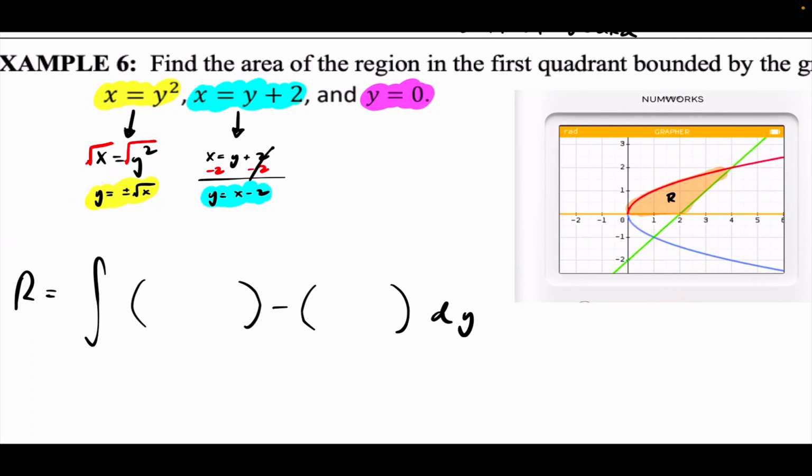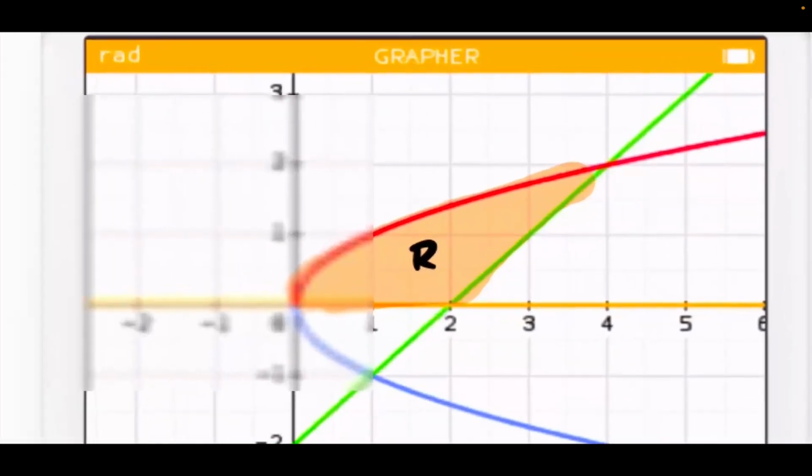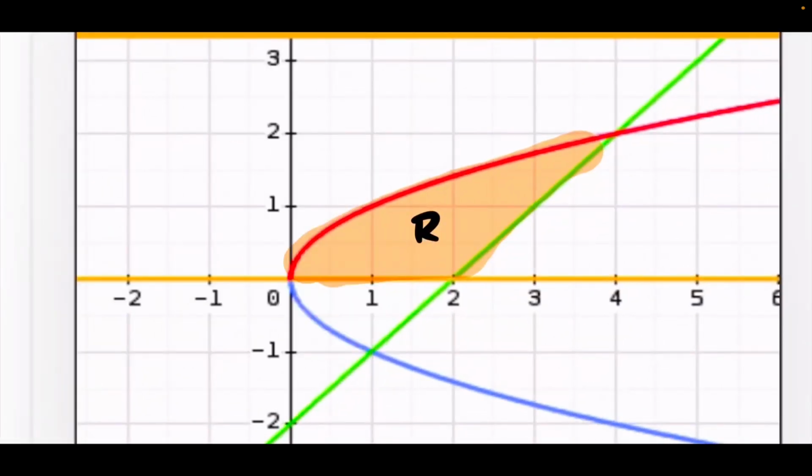Right minus left. So which one is going to be the right function? x minus 2. On mine it's the green graph. That's the right. I always think about it as keeping the shaded part in from the right side. If that green wasn't there, the shade would keep going, right?